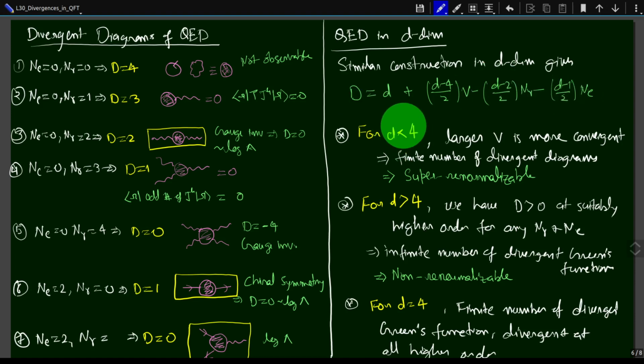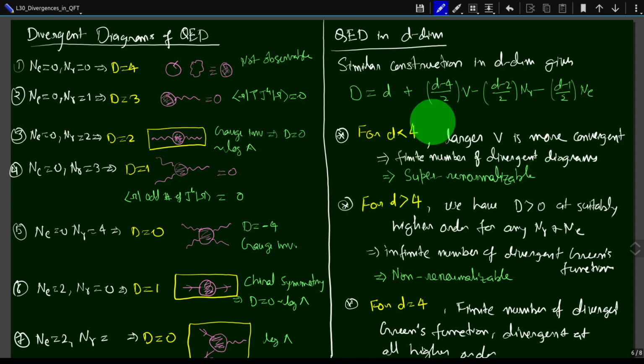Here, if d is less than 4, V is the number of vertices. If I go to higher and higher order, it keeps reducing the divergence. So for larger V, the diagram is more convergent. That means only a finite number of divergent diagrams exist. Hence QED in dimension d less than 4 becomes super-renormalizable.